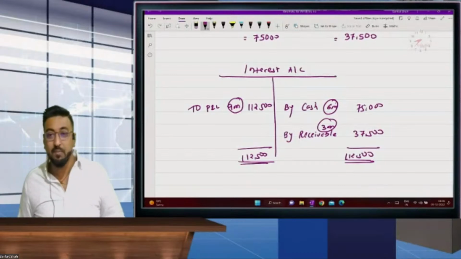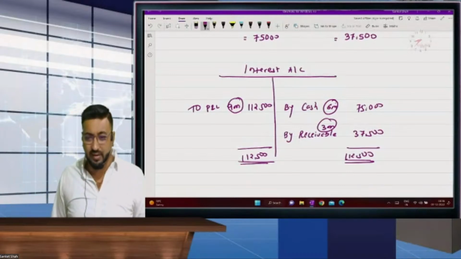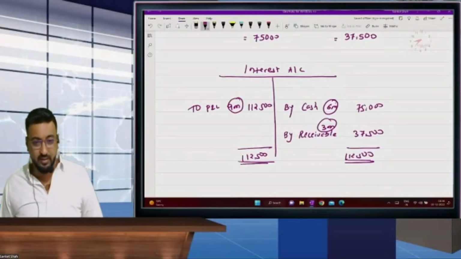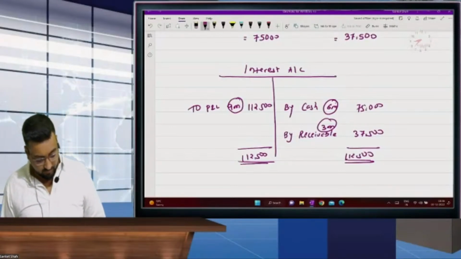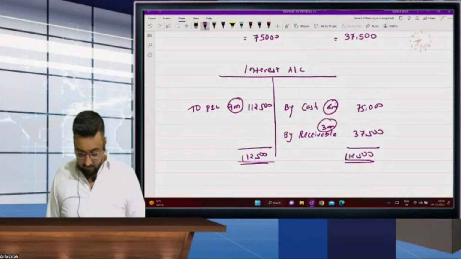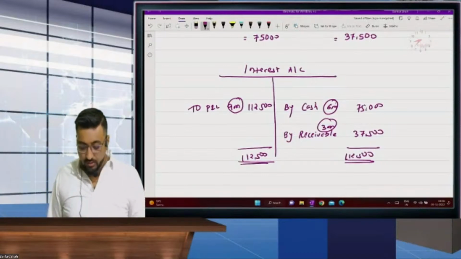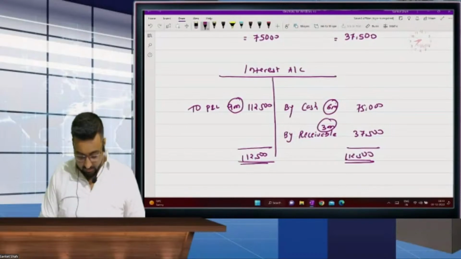No, beta, it's a simple interest. Don't do it complicated, beta. Take it as simple interest. We will assume we received it. So simple interest.